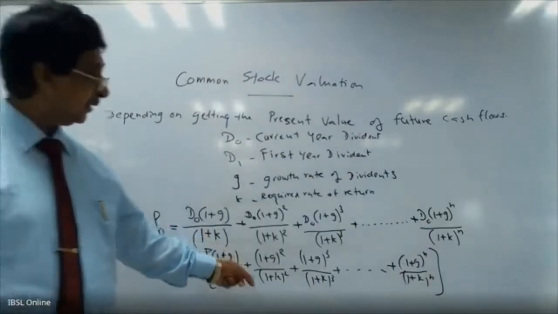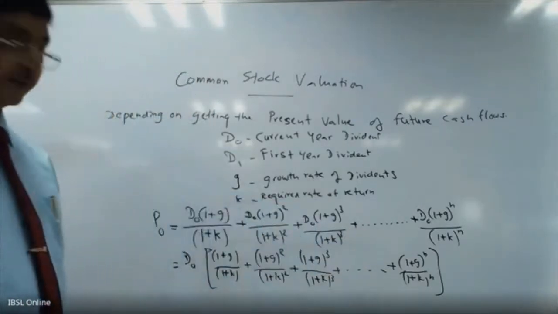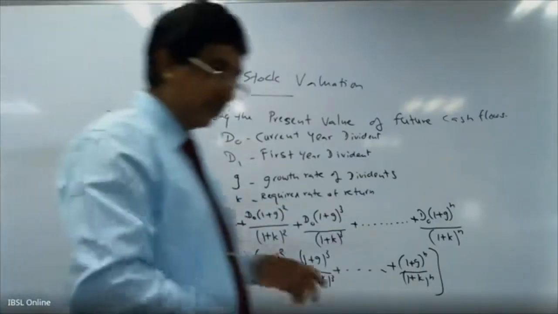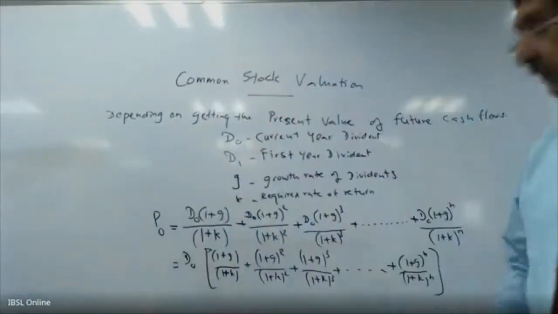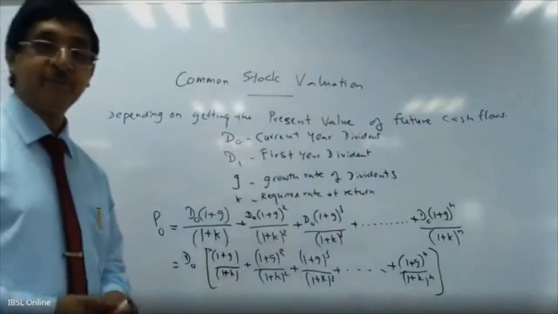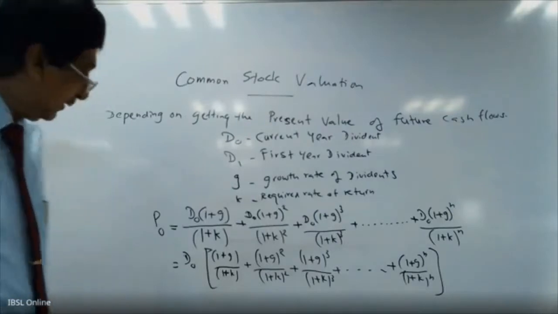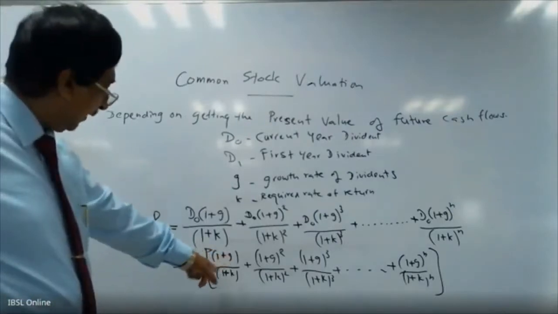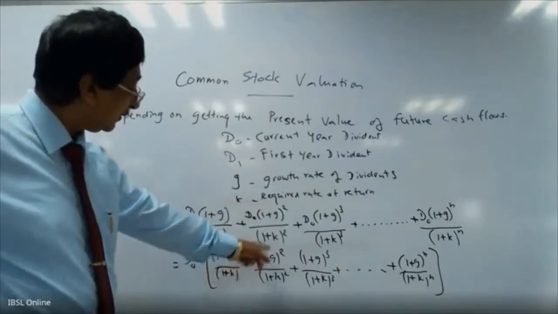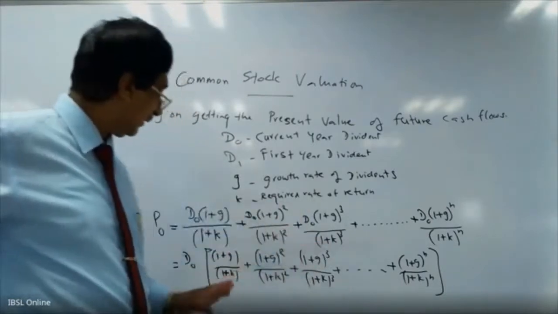Now look at the terms included within the brackets. What is that? It's a summation of a geometric series. 1 plus g divided by 1 plus k, then 1 plus g divided by 1 plus k squared, then 1 plus g divided by 1 plus k to the power 3.